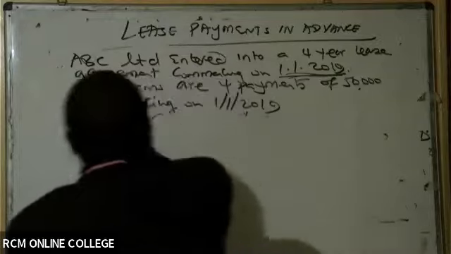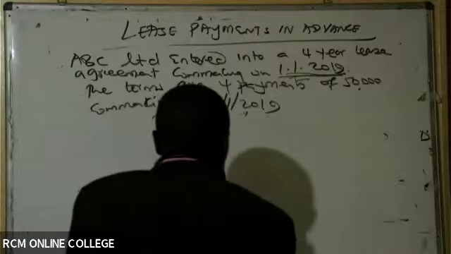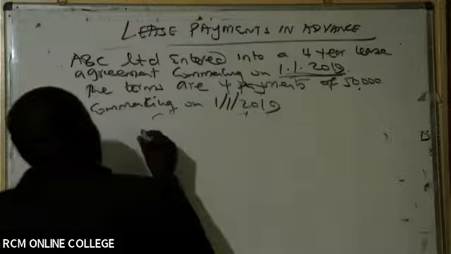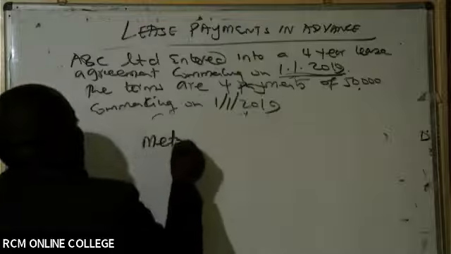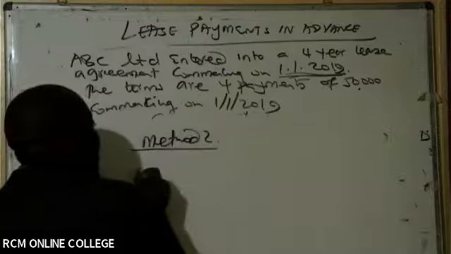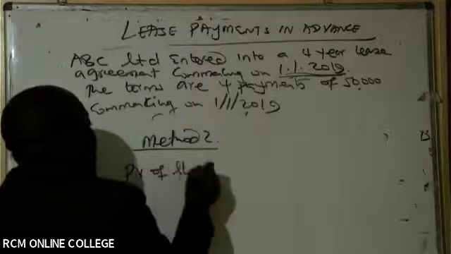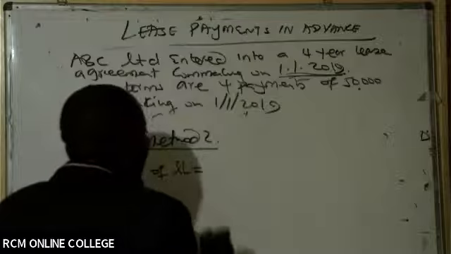Another student will come and tell you, Mwalimu, the method that we did when we were doing financial management, method 2, is the one where we say present value of lease liability because of the in advance payments.